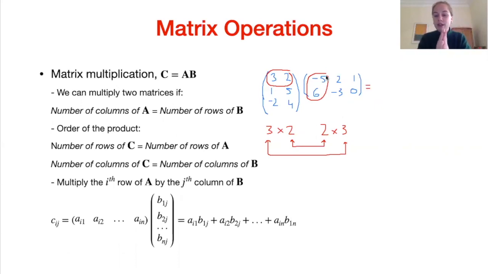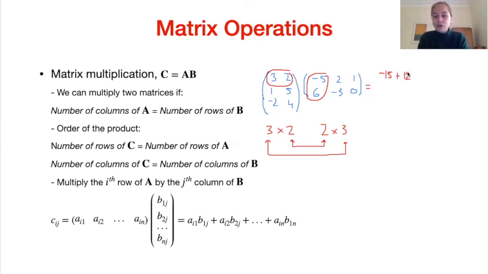So we have 3 over 2, and we multiply that by minus 5, 6. We have to add the corresponding components together. So this first entry is going to be 3 times minus 5, which is minus 15, plus 2 times 6, which is 12. So that is the first row, first column of our product.